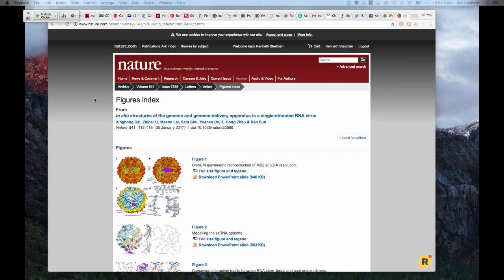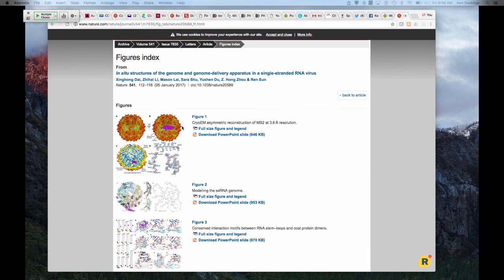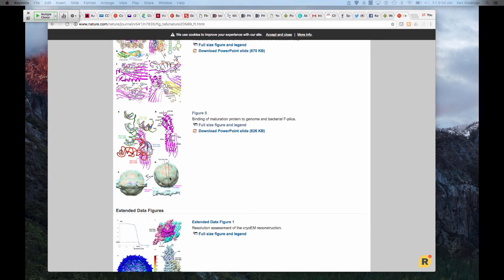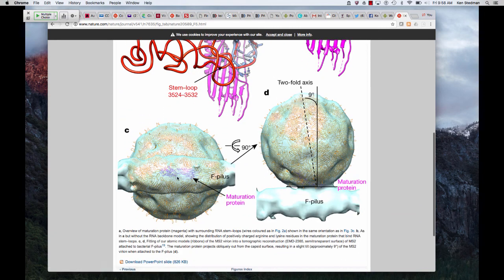In this case, it was actually MS2. And they were able to localize the maturation protein, which is this one here in pink, and see how it interacted with the receptor on the cell, which turns out to be the F-pili.